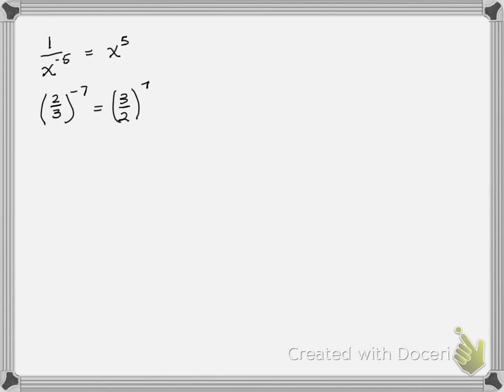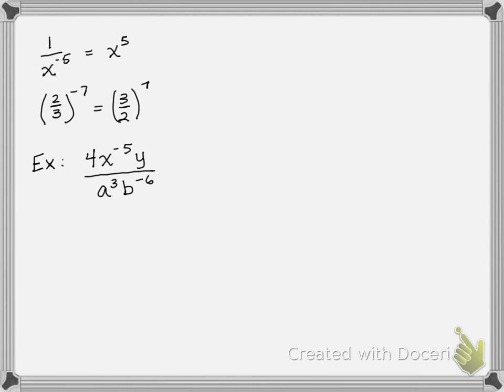In practice, the way that I deal with this is if I have, let's say, 4x to the negative 5th y over a to the 3rd b to the negative 6th.